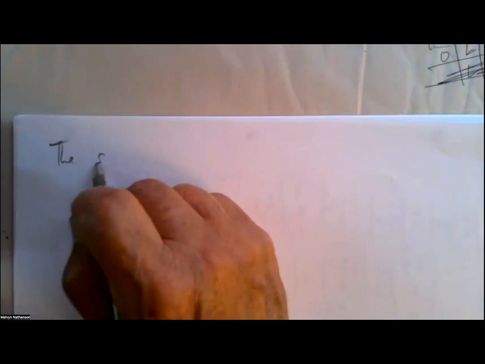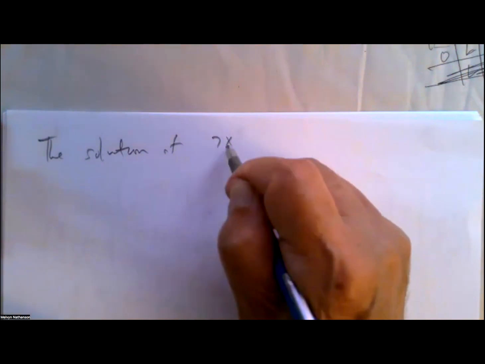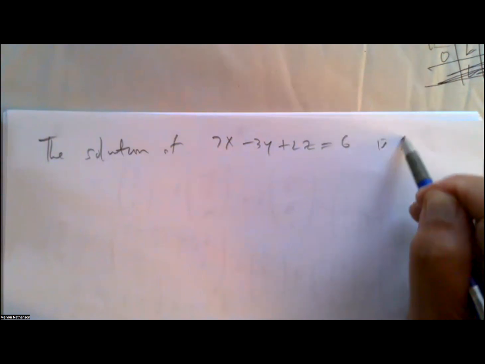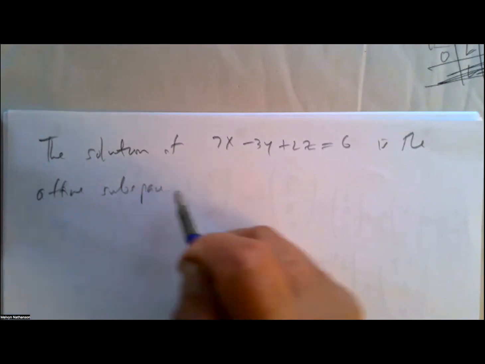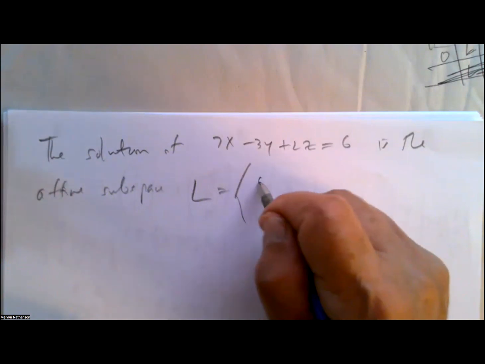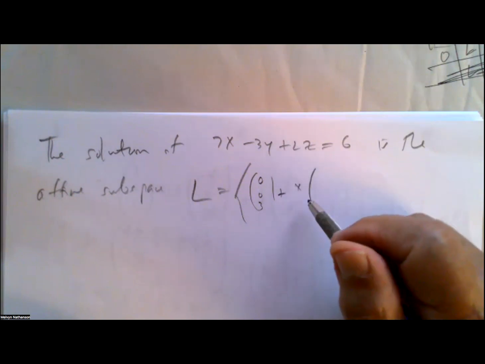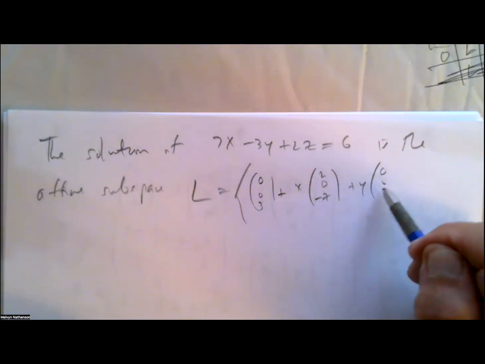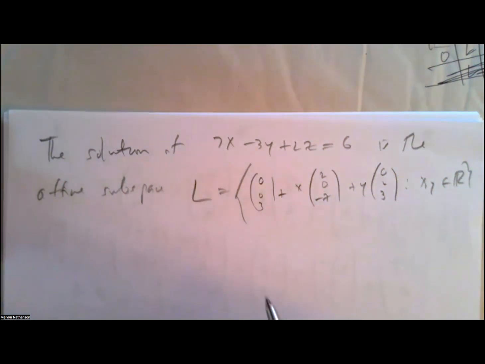The solution space of the equation 7x minus 3y plus 2z equals 6 is the affine subspace, that's called L, which is all vectors of the form 0, 0, 3 plus x times 2, 0, minus 7 plus y times 0, 2, 3, where x and y are all possible real numbers, all possible scalars.